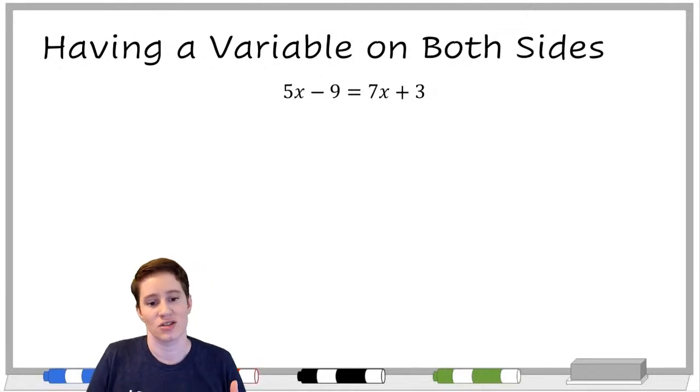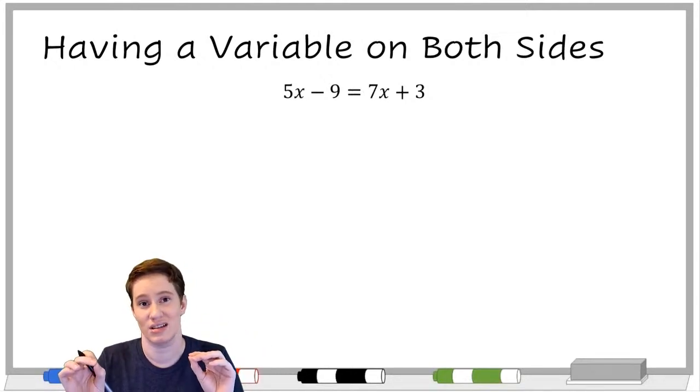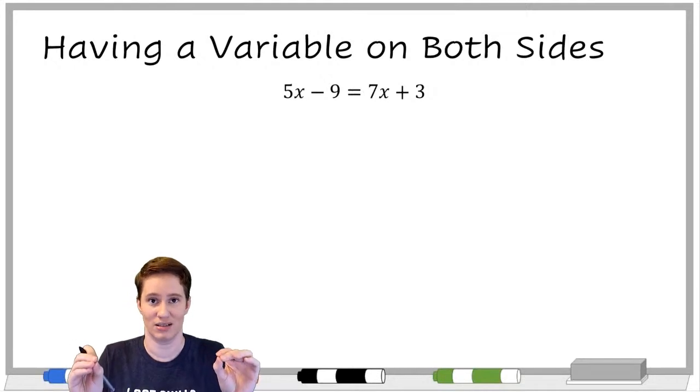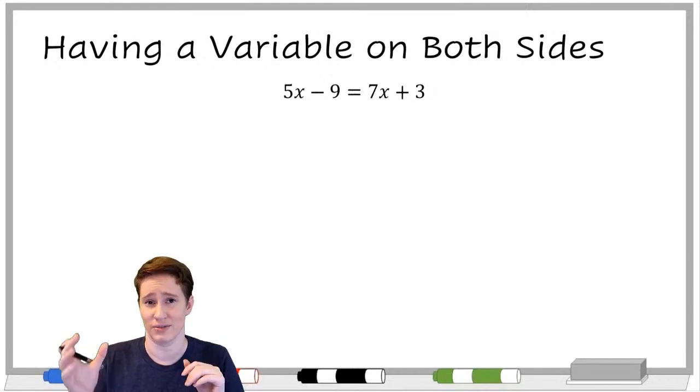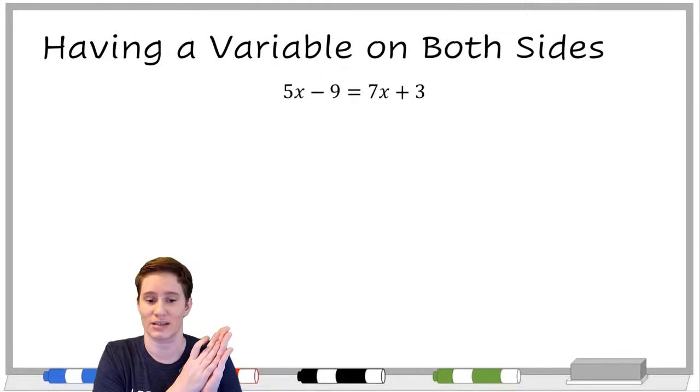But anyway, if that's what I want to do, then I should move the 5x over to the right side, because if I subtract 5x from both sides, I'll still have a positive number of x's. Whereas if I subtract the 7x over, that's going to give me a negative number of x's.